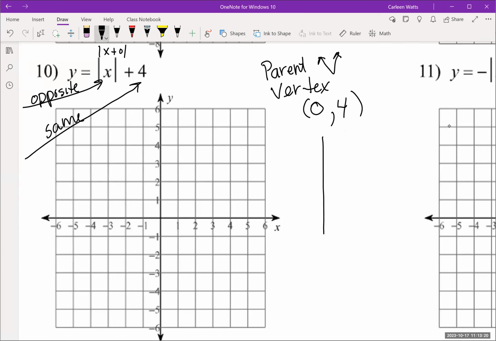Let's make a table. 3 values. And what goes in the middle of my table? 0. And if I plugged that in, I would see that indeed I get 4.